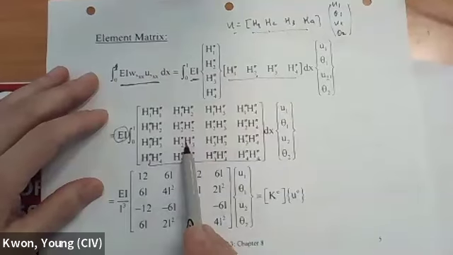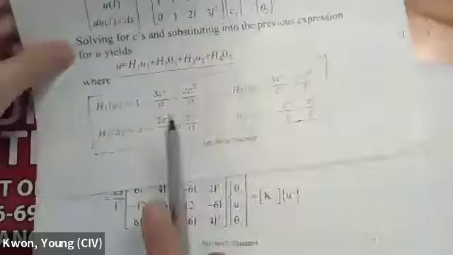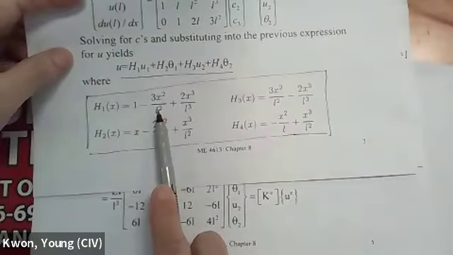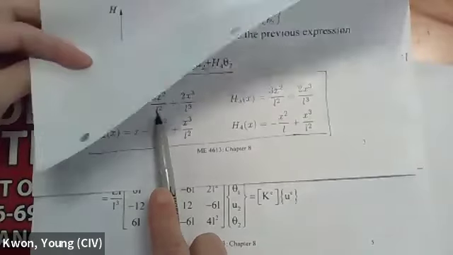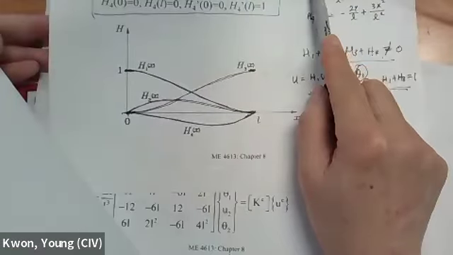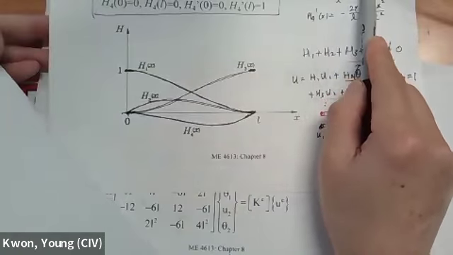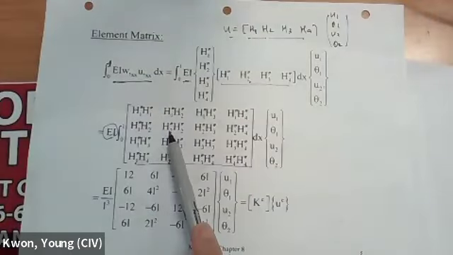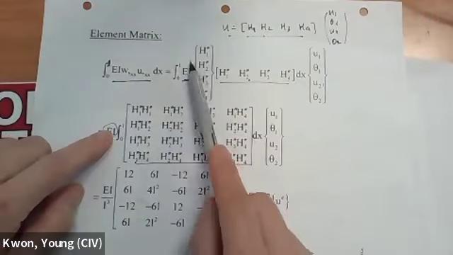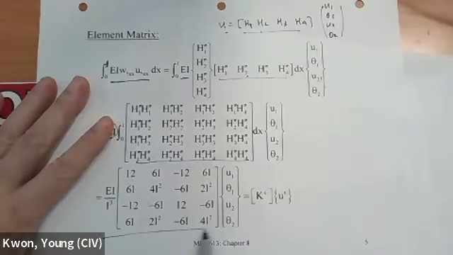Then if you evaluate this one, so take a derivative of your shape function, second derivative. Okay, second derivative is straightforward, right? So for example, we took the first derivative. Second derivative is going to be negative 6 over L squared plus 12x over L squared. So if you do that second derivative and evaluate this one term by term, then you come up with this.